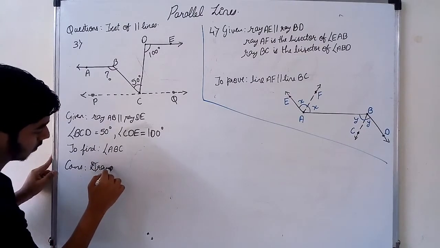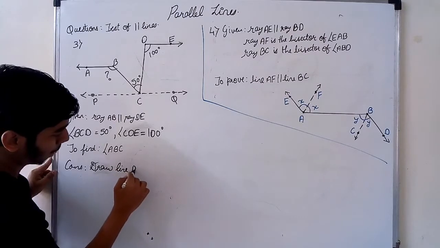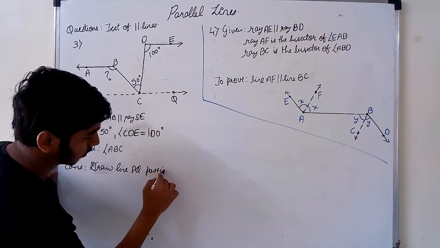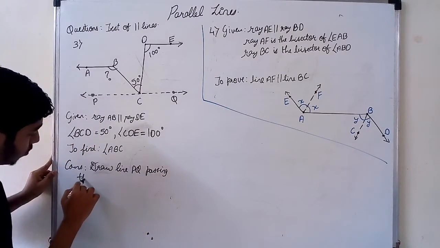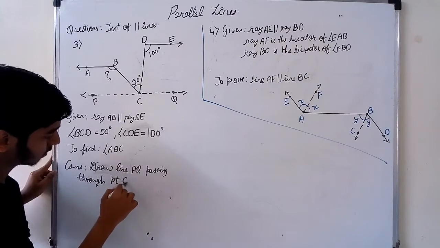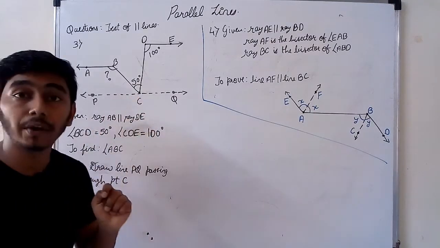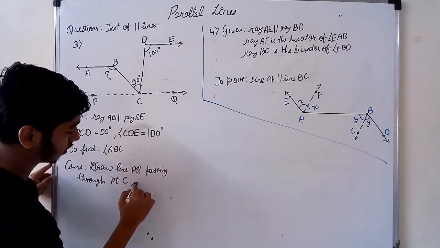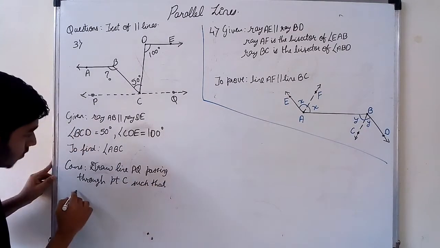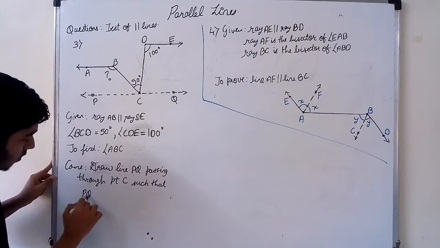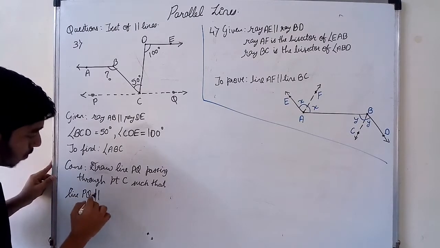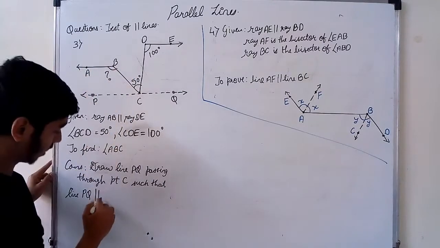Draw line PQ passing through point C such that line PQ is parallel to ray AB.